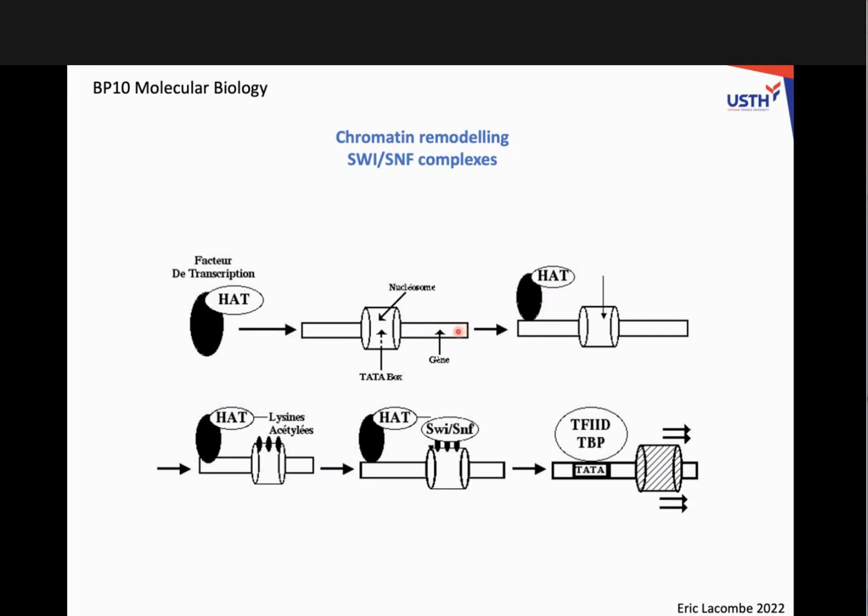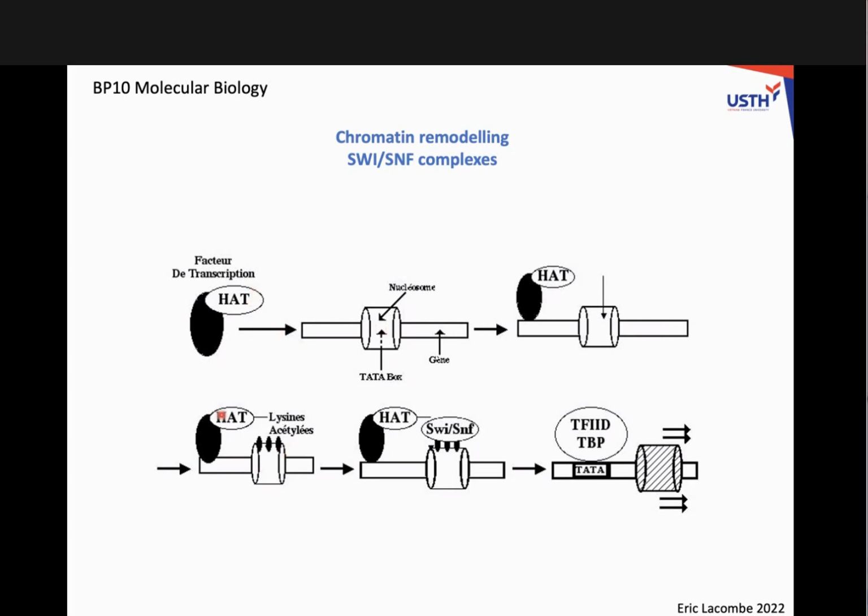But we want to activate this gene. There are some situations where some transcription factors do not at all activate transcription, they just change the post-translational modification of histone.